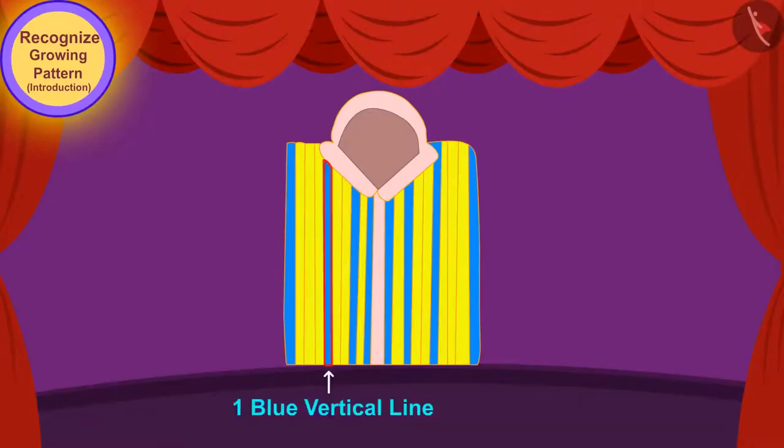Then, a blue line and three yellow lines were added to the pattern. So, children, what rule do you see here? Exactly. Every time there is a blue line, the number of yellow lines keeps increasing in the pattern.